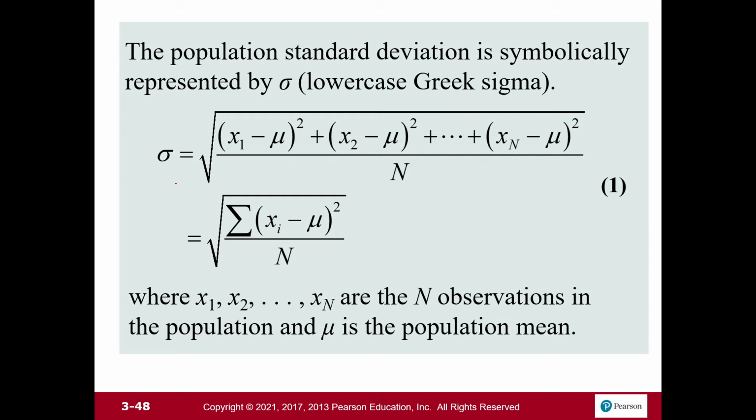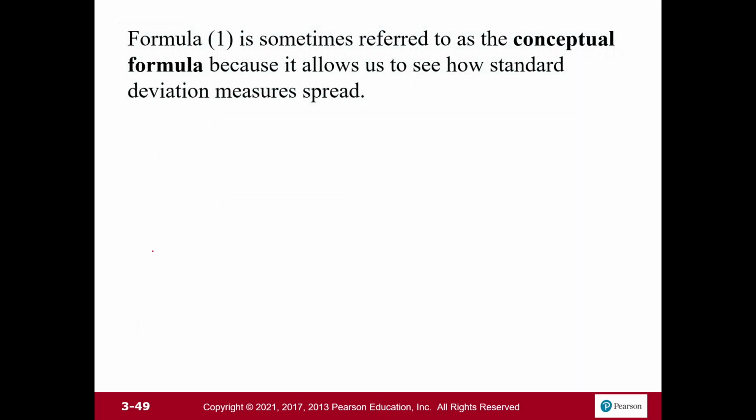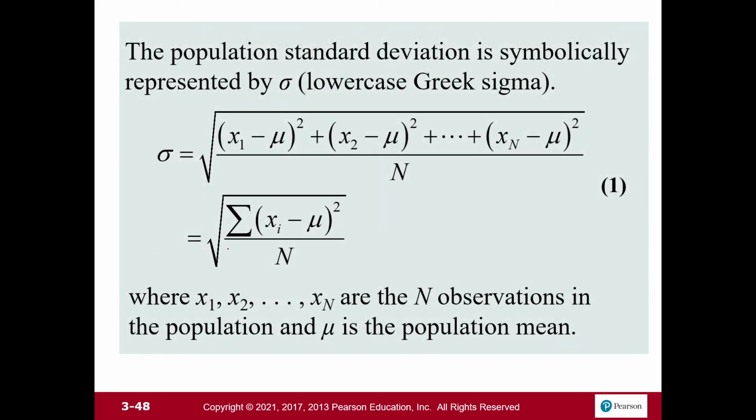So this is the big formula. This is the standard deviation of a population. You have mu, the mean, and you subtract all the data values from the mean, square it, make it positive, add them all up, divide by the total number, and then you take the square root of that.